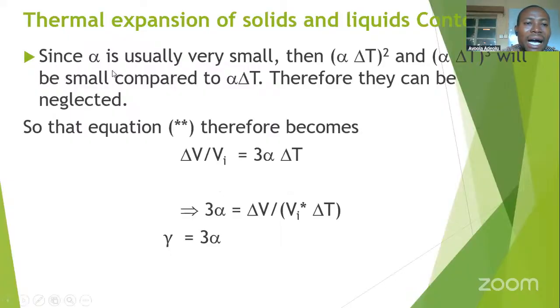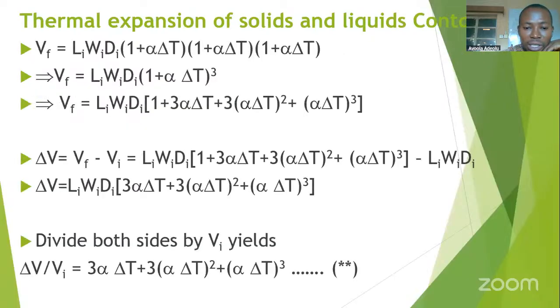But we know that alpha is usually very small, like 0.00001, very, very small value. So if it's very small, that means this value and this value will be extremely small. It will be so small that we can neglect them.